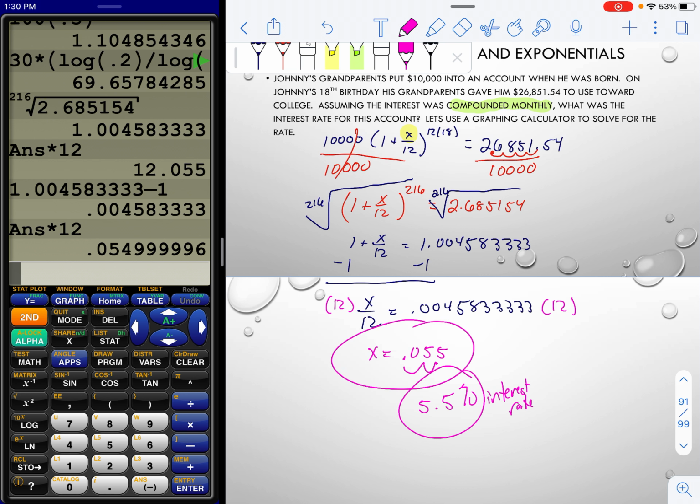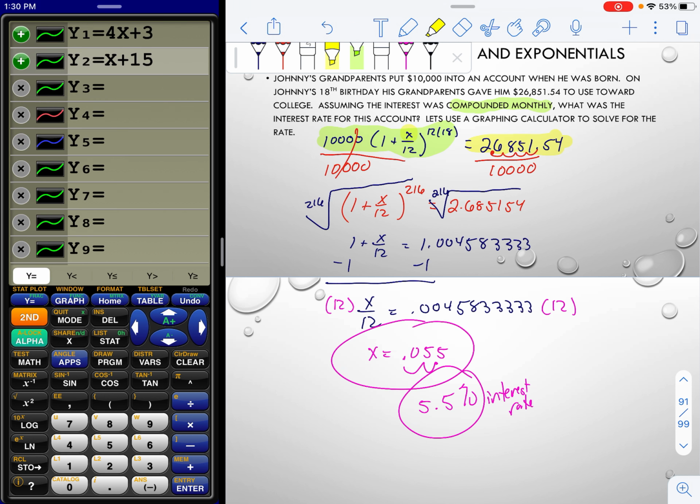On the graphing calculator, what we would do is simply set the left side of our equation as y1, the right side of the equation as y2, and then we find the x coordinate of the point of intersection, and it should be the decimal 0.055. Let's see.